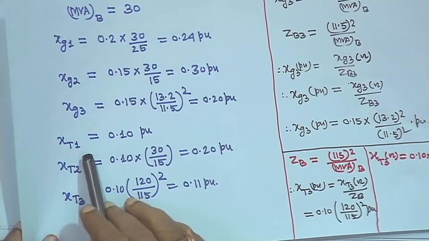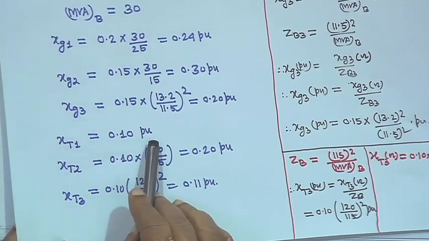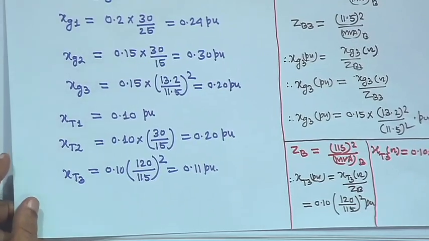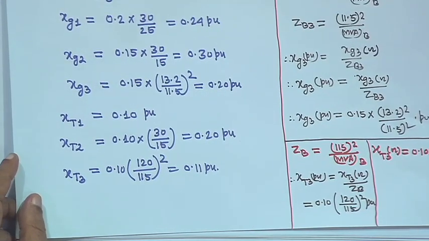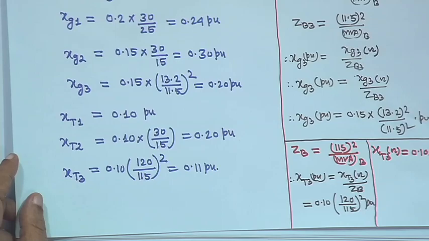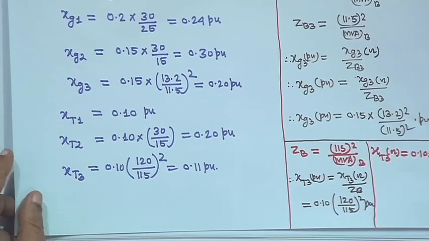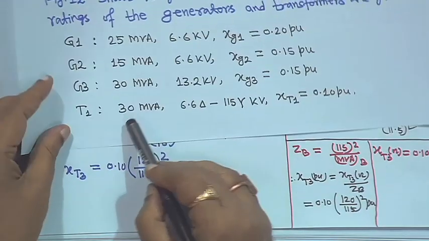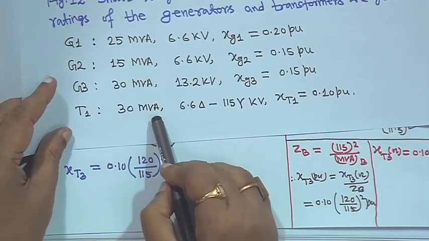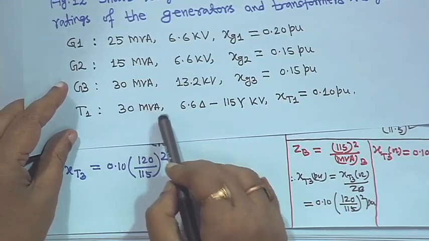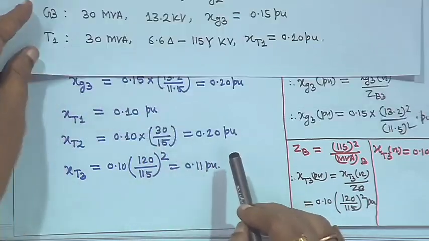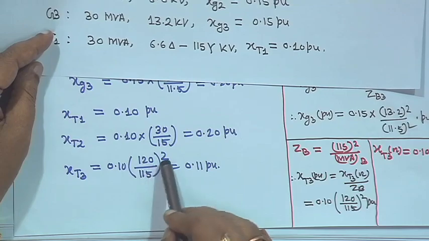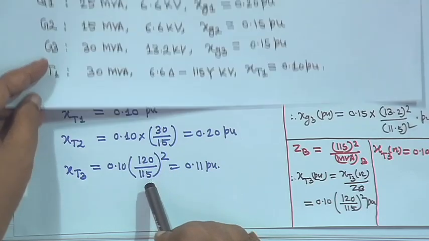For transformer 1, Xt1 is 0.10 per unit. For the transformer, similarly, the base MVA is 30 and the transformer rating is also 30. So the base MVA will not affect it, but we have to see the voltage level.